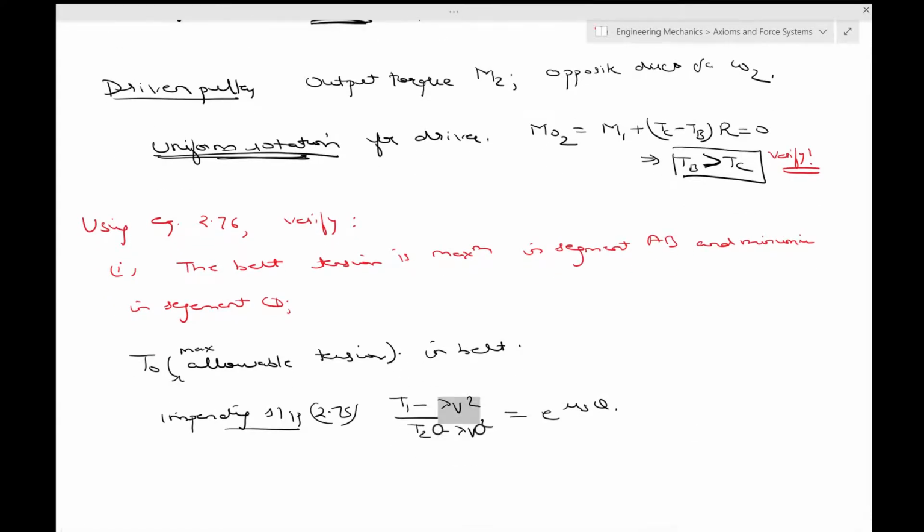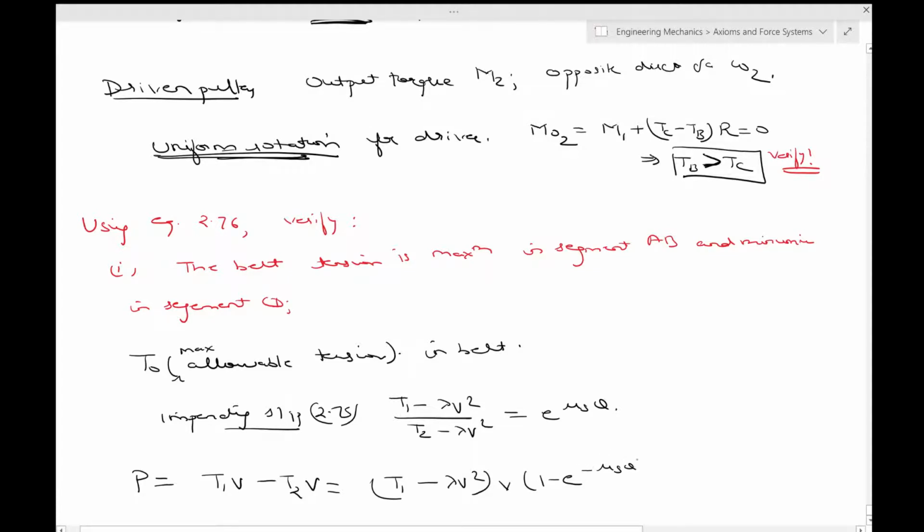Now you want to say that the power transmitted would be T1v minus T2v, T1 times one minus e to the power of minus mu s theta.